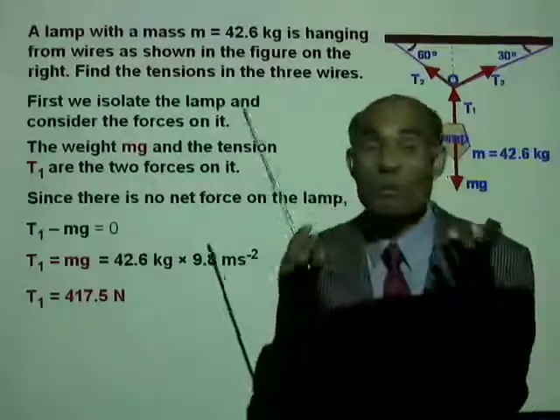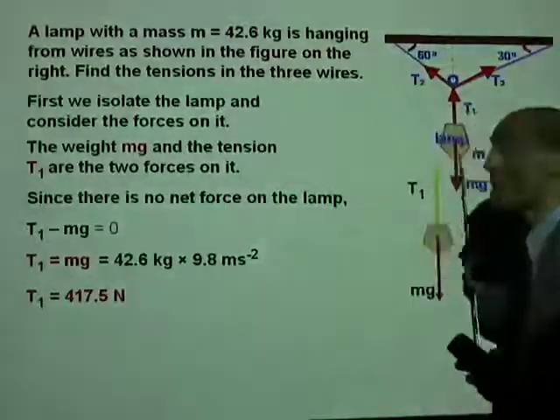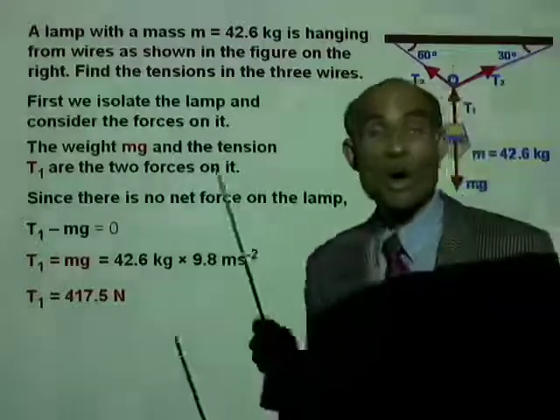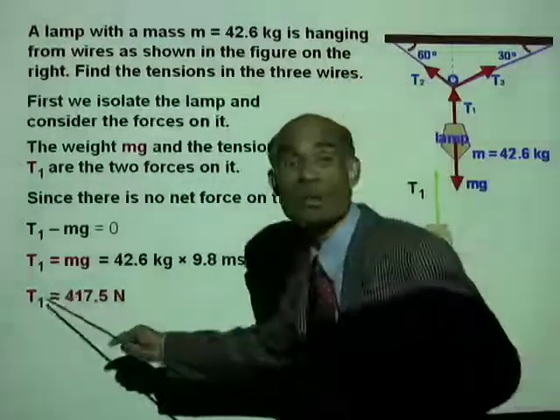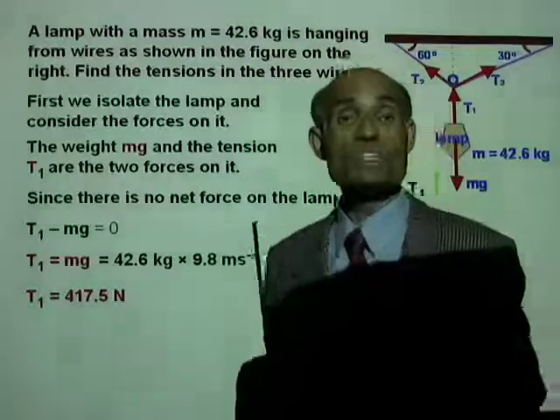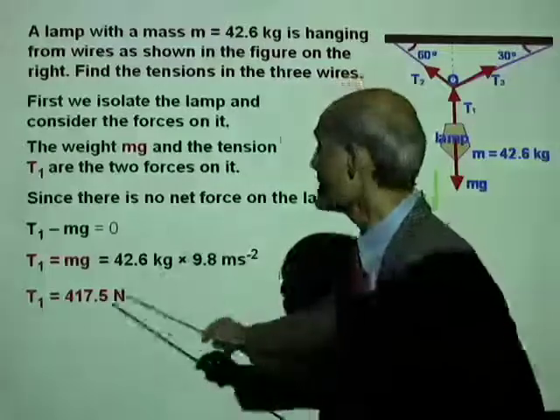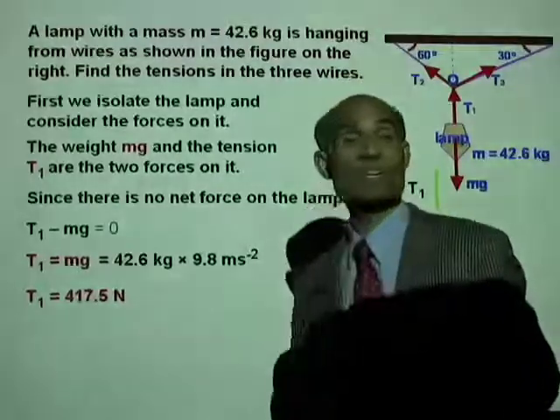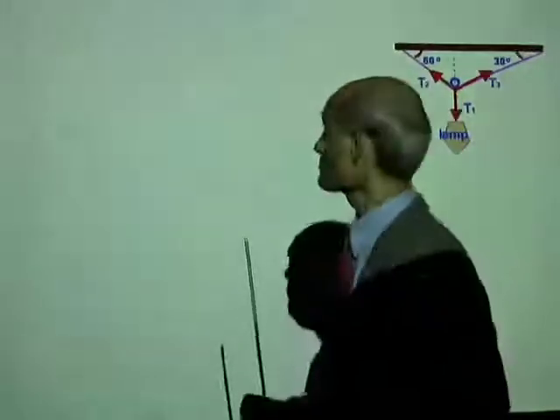So that simple operation of identifying this lamp as the object on which the net force is 0, we were able to obtain one value. We now know T1. So wherever we want to use T1, we can now use 417.5 Newton.